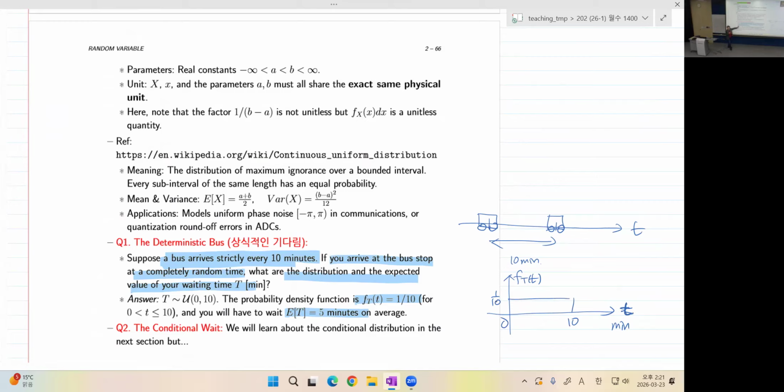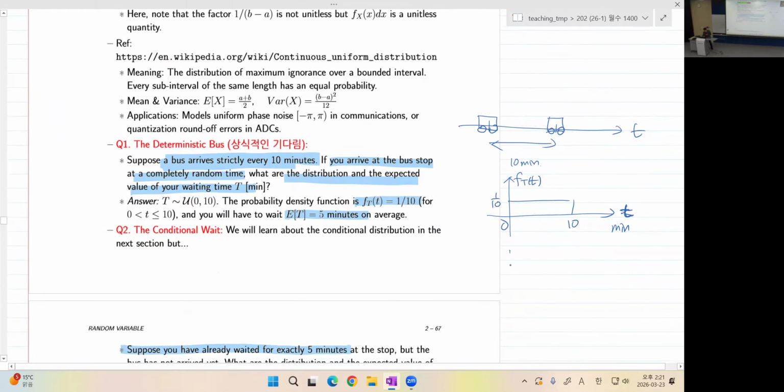Suppose you arrive at the bus station and you have waited 5 minutes already. Then conditioned on that event, what is the probability distribution of your waiting time from now on?